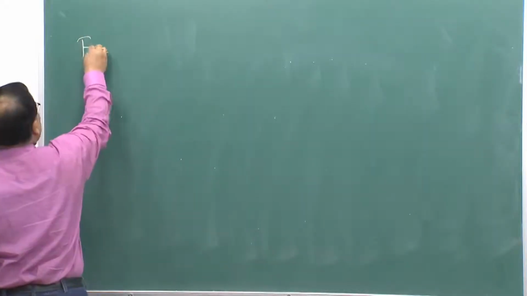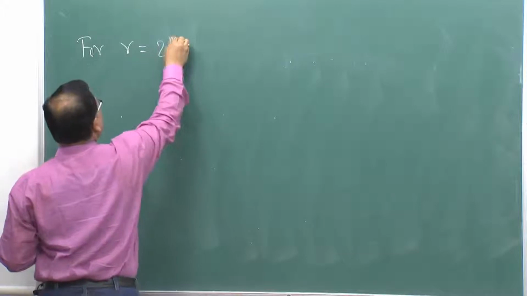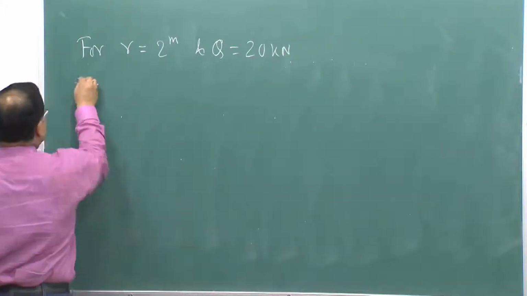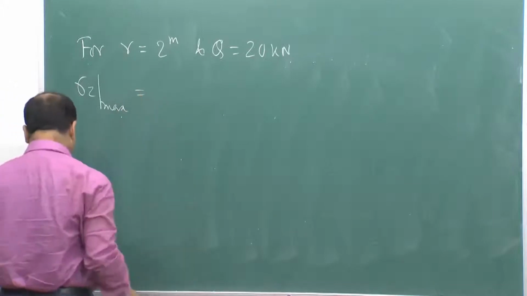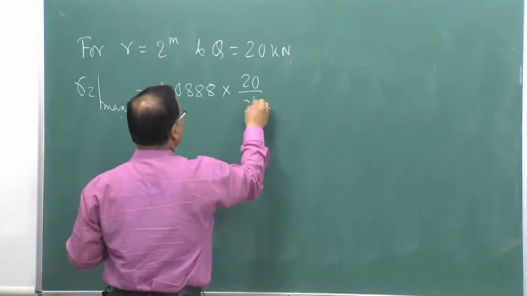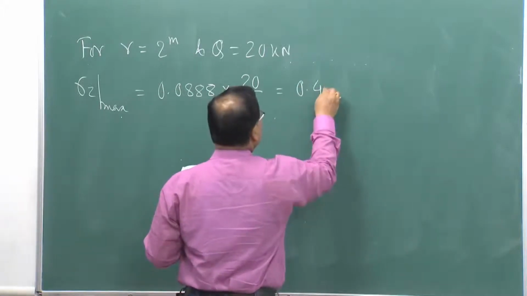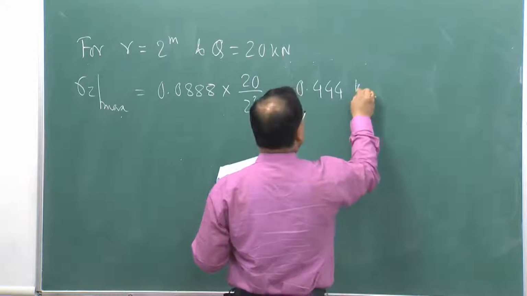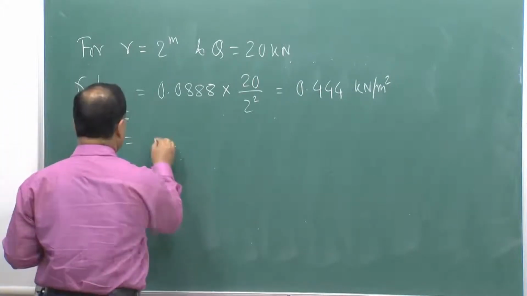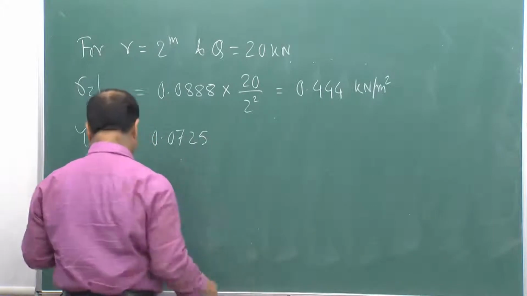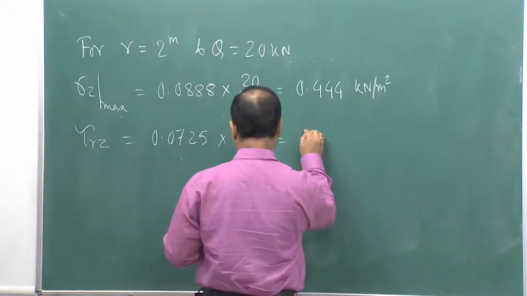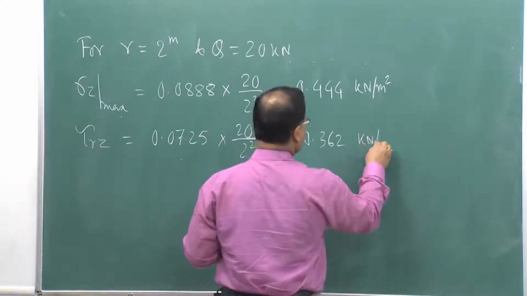So, as given in the problem, for r equal to 2 meter and q equal to 20 kilonewton, sigma z max will be 0.0888 into 20 by 2 square, equal to 0.444 kilonewton per meter square, and tau r z equal to 0.0725 into 20 by 2 square, that is equal to 0.362 kilonewton per meter square.